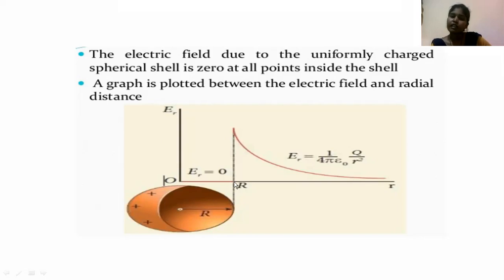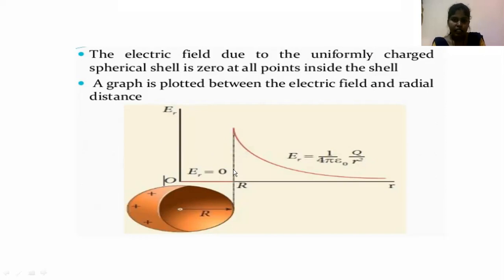Up to r equal to the radius of the actual sphere, capital R, which is inside, there will be no electric field, so E is 0 here. After that, the electric field at a point on the surface of the sphere, that is case 2, has a constant value, E equal to 1 by 4 pi epsilon naught Q by capital R. So that's a constant value.